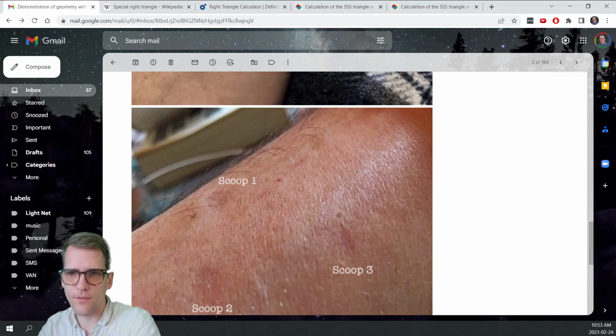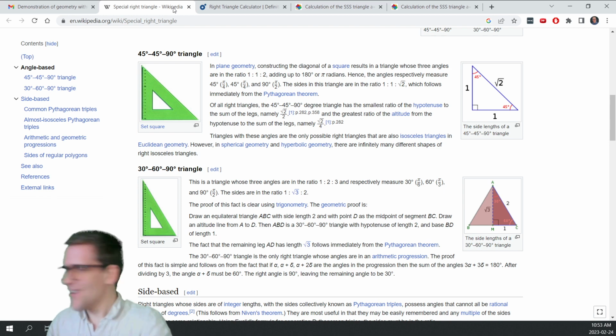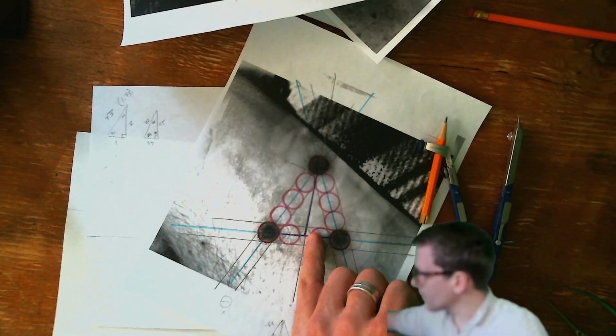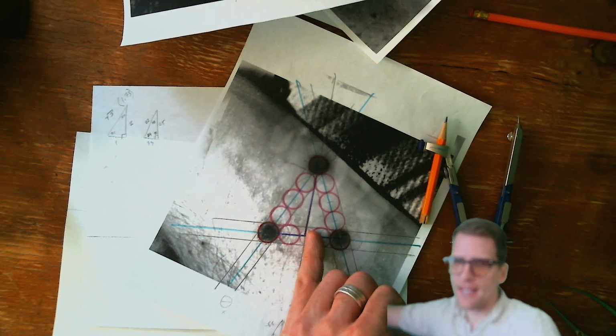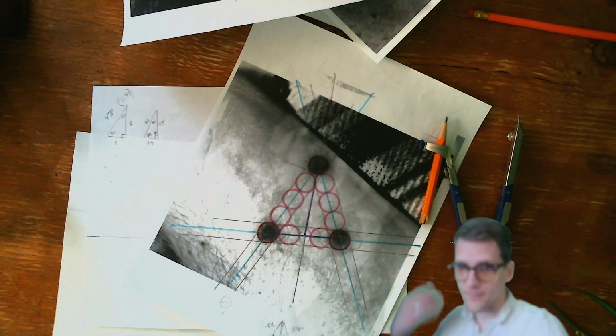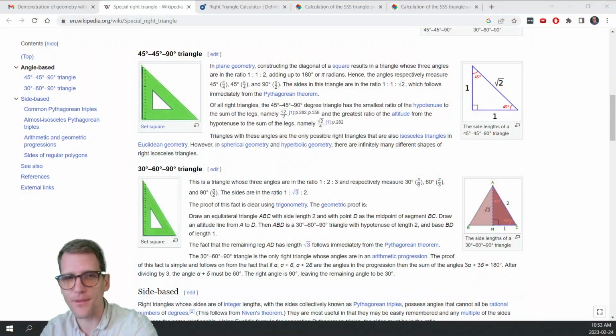So where are we? So I go, this is probably a special right triangle, to be honest. This is so because I'm seeing that bisection line, that bisection right here, that indicates to me that this is a right angle and this is a right angle, and therefore it's a special right angle triangle, and I'll be able to develop the construction based on that.